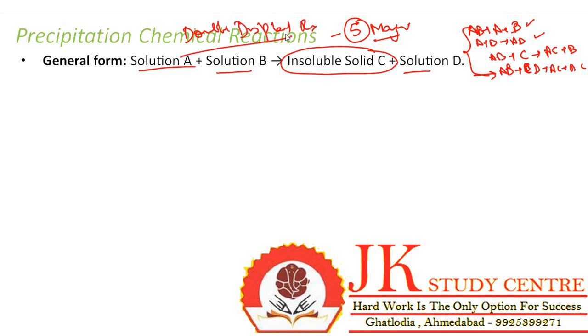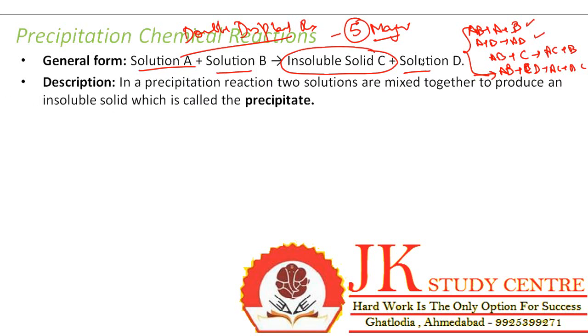In 99% of cases, it is an example of double displacement. You have two solutions, you mix them, you get one insoluble substance, which is the precipitate. That's what the chemistry description says: in a precipitation reaction, two solutions are mixed together and form an insoluble solid, and that is the precipitate.